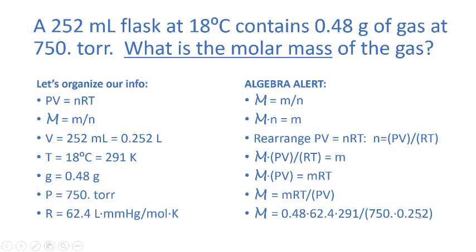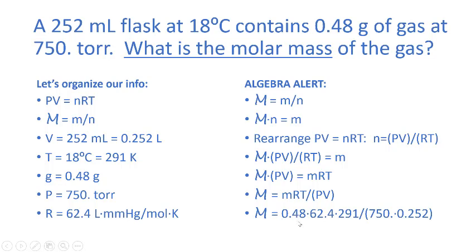Just to double check my units, I used liters, I used Kelvin, I chose the correct R, and what would the unit be for my answer for molar mass? It should be something like grams per mole.